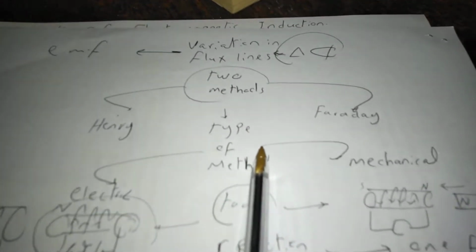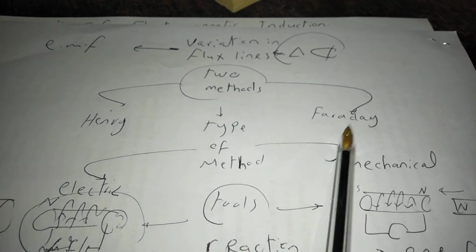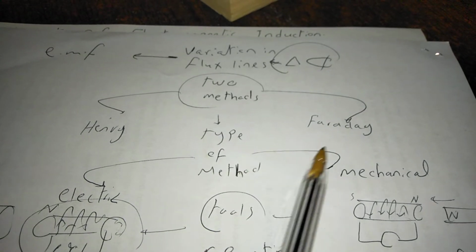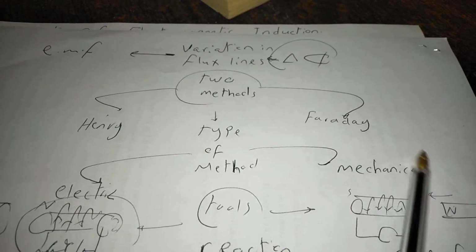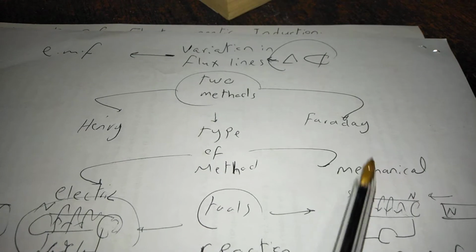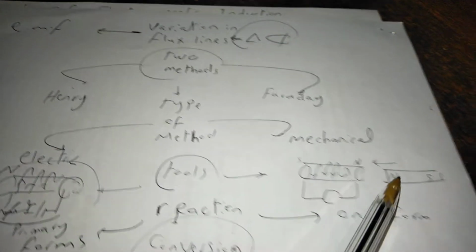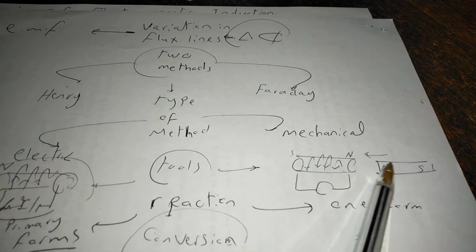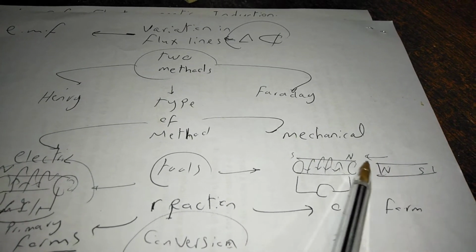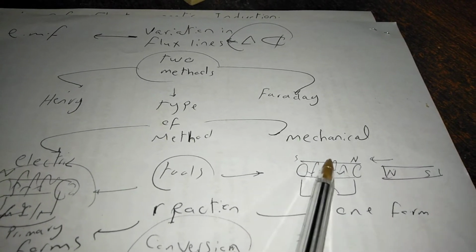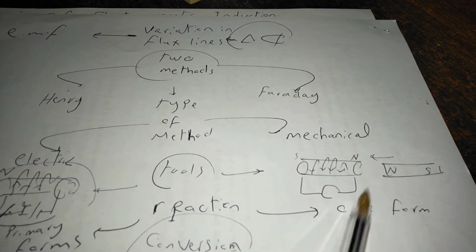First of all, the Faraday method depends on the mechanical step that takes place when we move a magnet near to or away from a coil.